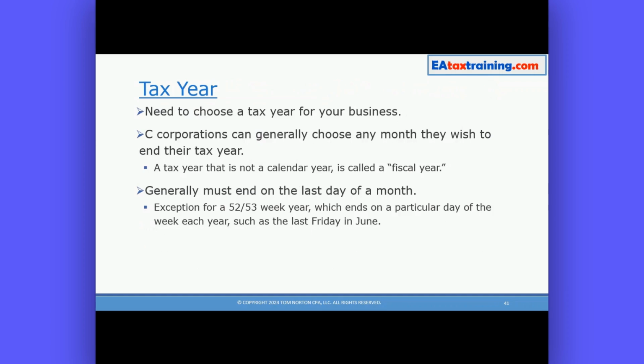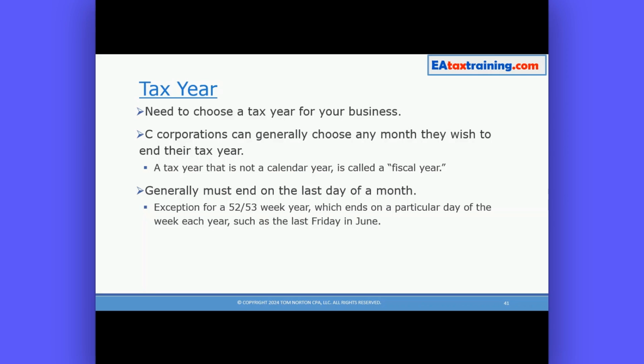Next, tax year. When you start a business, you need to choose a tax year for your business. C corporations can generally choose any month they wish to end their tax year. So their tax year does not have to end on December 31st.